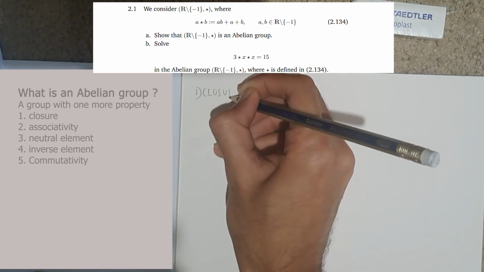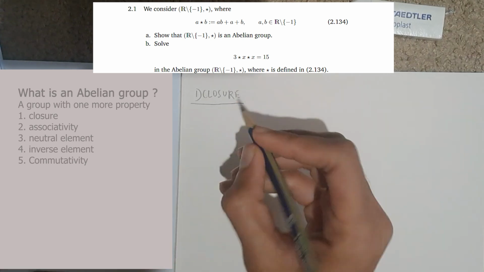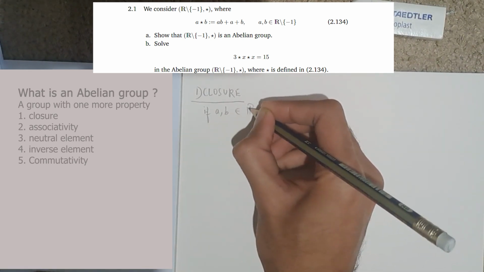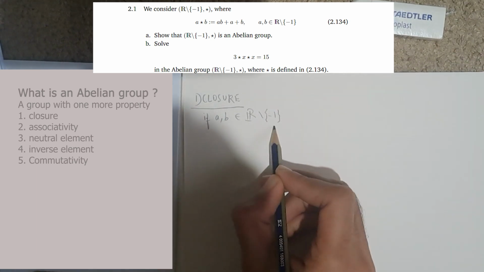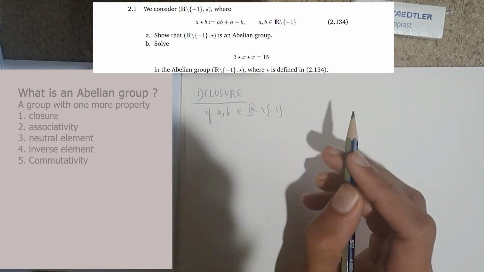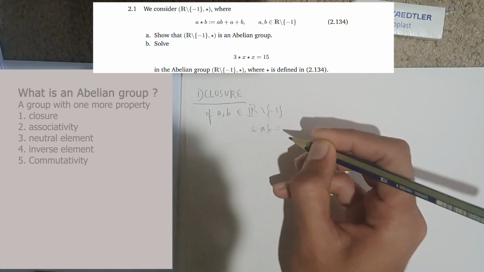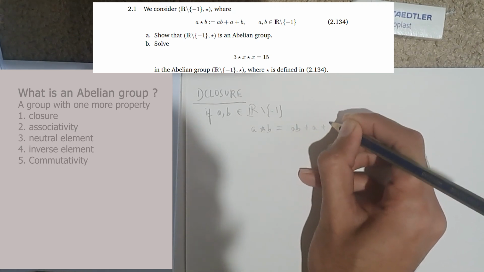Closure. Remember, if A, B are elements of the given set, this notation means all real numbers except minus 1. Then A star B is equal to AB plus A plus B.